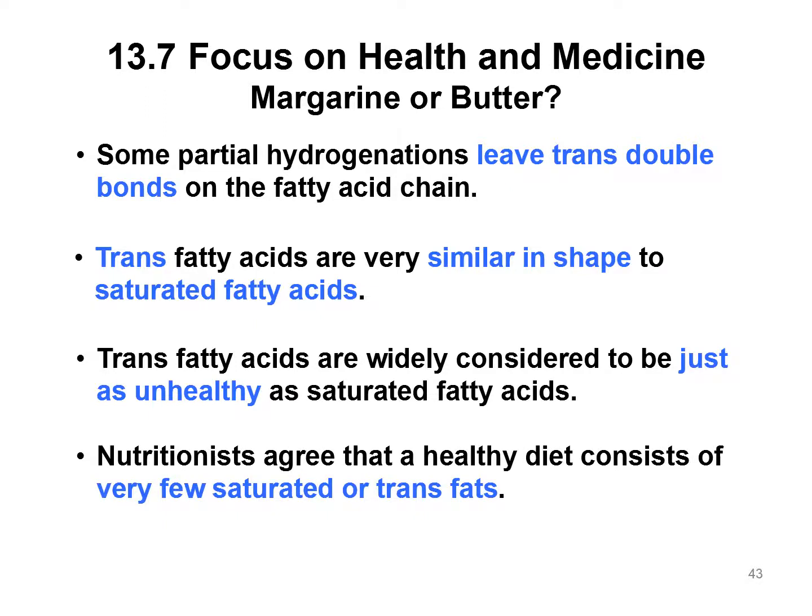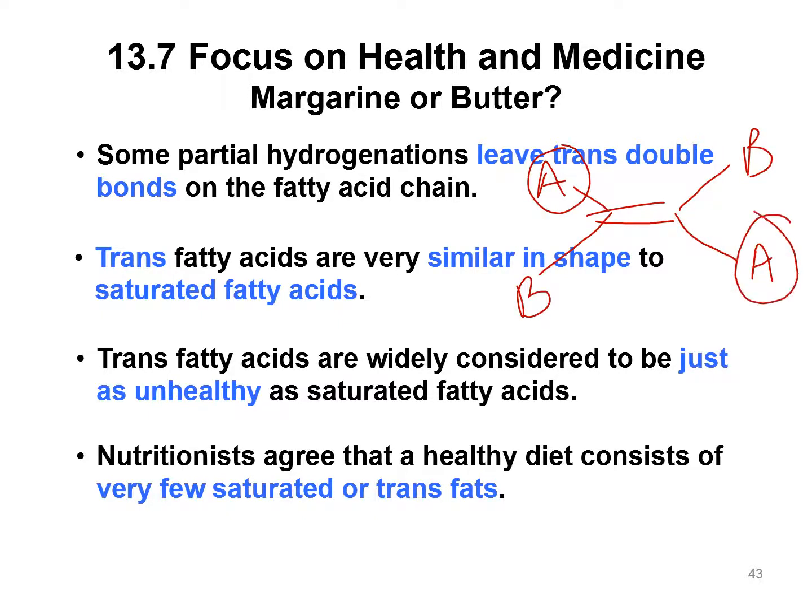There's also this argument that when you do this in margarine, for example, what you get is trans bonds. So once again, I want to show you what trans would mean. If you had two substituents, the two substituents would be on opposite sides of each other. And trans fatty acids are considered to be just as unhealthy as saturated fatty acids.